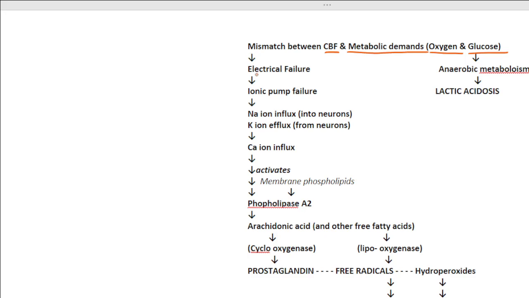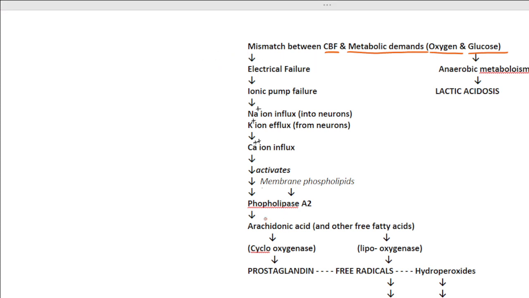So it can go for electrical failure, then ionic pump failure, then sodium ion influx into the neurons, then potassium ion going out of neurons, then calcium ion influx will happen, that will activate membrane phospholipids, and that is where the phospholipase A2 enzymes will come into the picture. And this is where the enzymes are very dangerous.